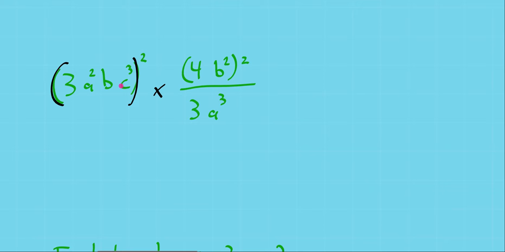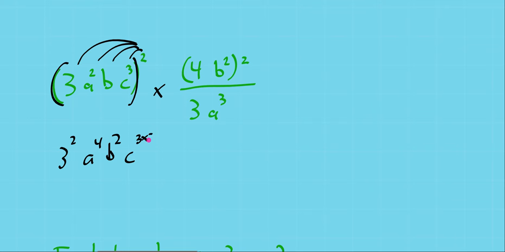Now I'm going to go through, deal with my power of a powers, if I can, which I can. So (3a squared b c cubed) squared. This squared is applied to every term on the inside. That's 3 squared, a to the 2 times 2, which is 4. b to the 1 times, it's a 1. If there's no number, it's a 1. 1 times 2, which is 2.